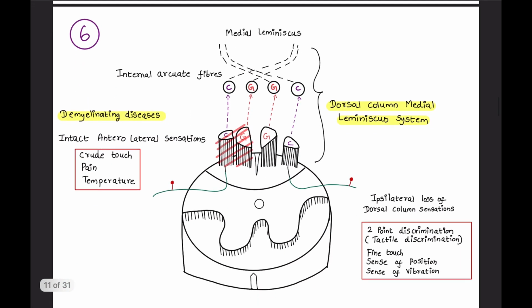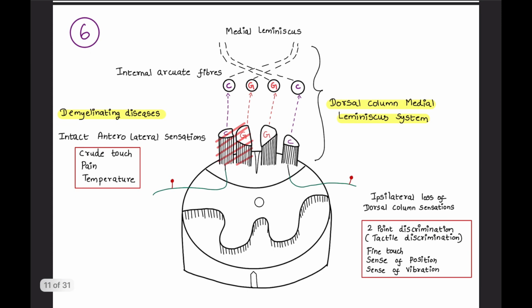In the next case, the lesions are in the fasciculus cuneatus and fasciculus gracilis tract. If you have reviewed my ascending tracts of the spinal cord lecture, you know the location of these tracts. They are in the dorsal column.